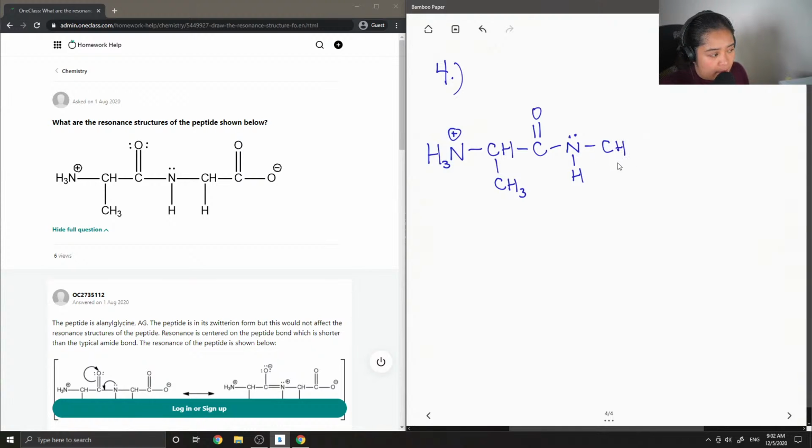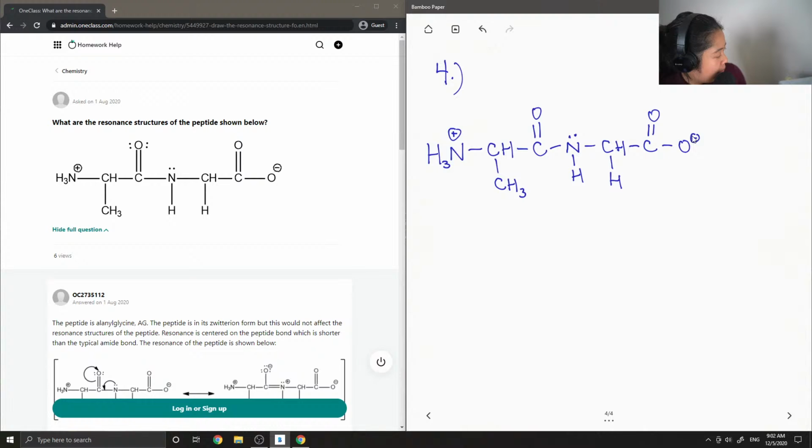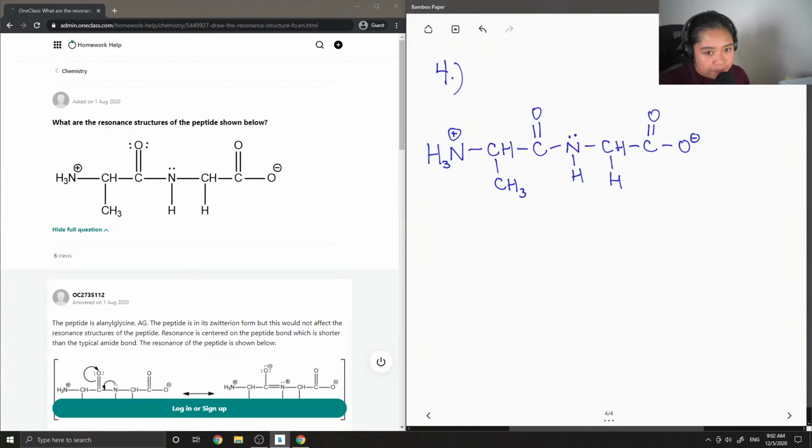And then this is our second amino acid in the peptide, which just has an R group equal to H. So it's the simplest amino acid. I believe that's glycine. It's been a while since I did biochem. But anyways, this is our peptide.